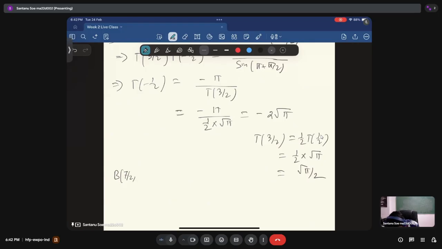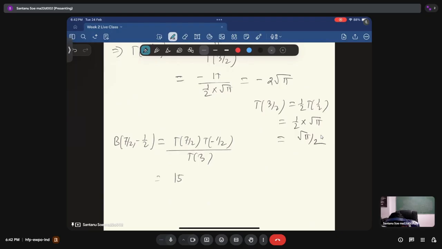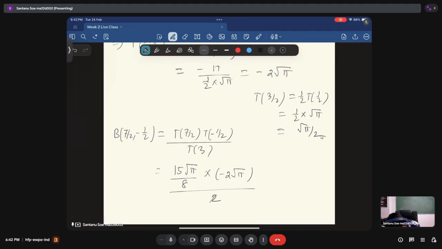Beta of 7 by 2 comma minus 1 by 2 is gamma of 7 by 2 times gamma of minus 1 by 2 divided by gamma of 3. So this is 15 square root of pi divided by 8 into minus 2 root pi divided by 2. So this gets cancelled out, and this is minus 15 pi divided by 8. So this should be the answer.